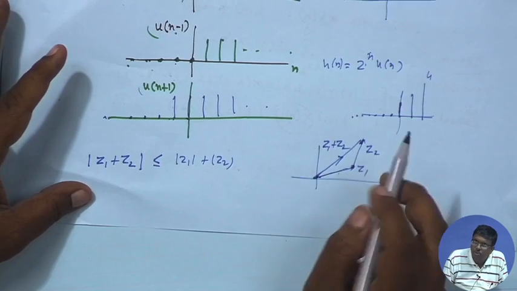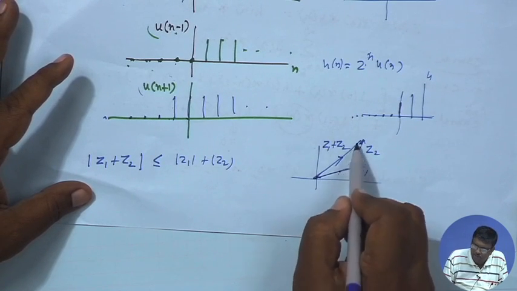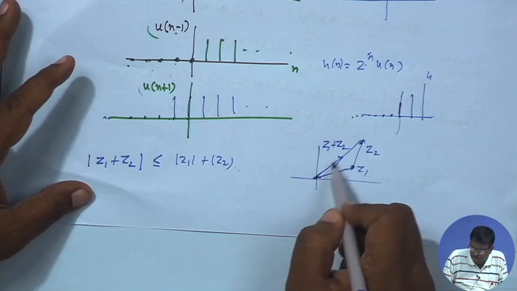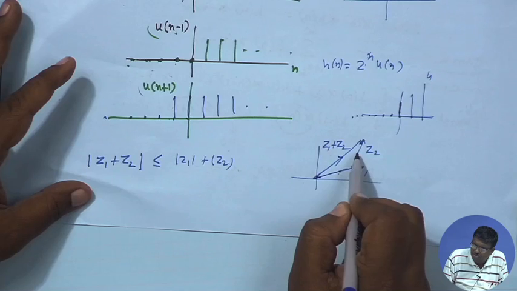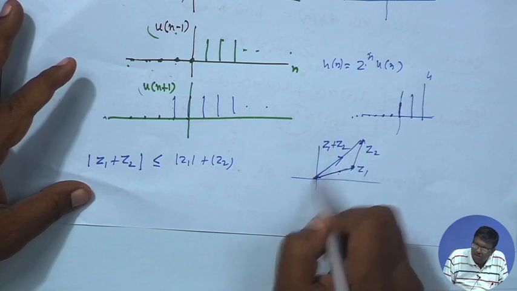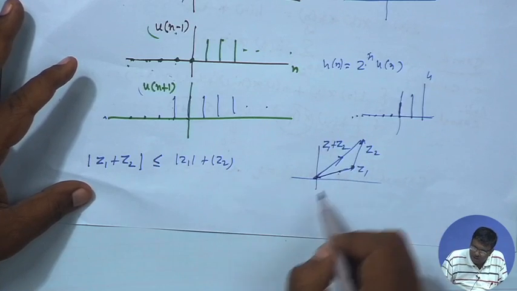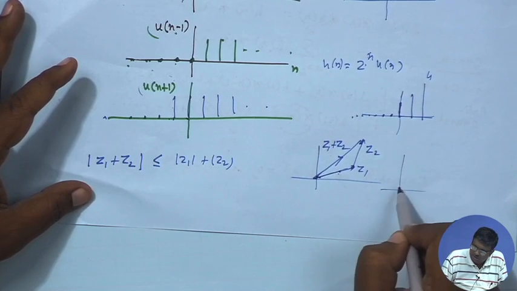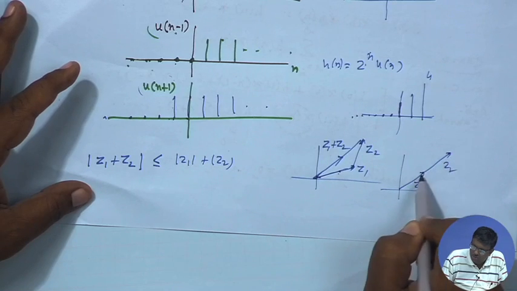We know the triangle's property, that the sum of the lengths of two sides of a triangle is greater than the length of the third side. It can be equal if they are collinear and pointing in the same direction, z 1 and z 2 pointing in the same direction.